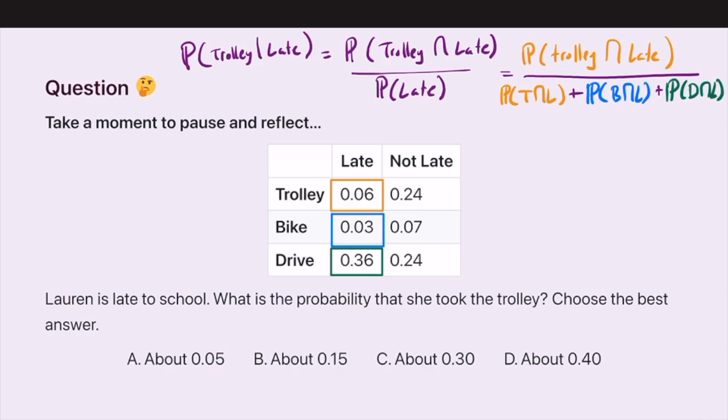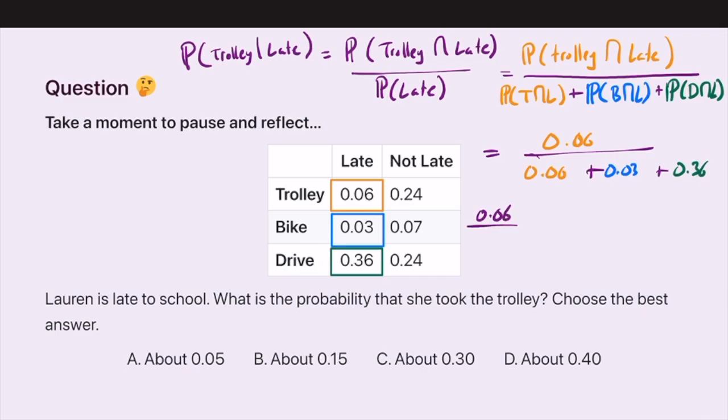We know that the probability of trolley and late is going to be 0.06. So this will equal 0.06 over 0.06 again. And then we have two more numbers to add. For the bike, that's 0.03. And for drive, 0.36.